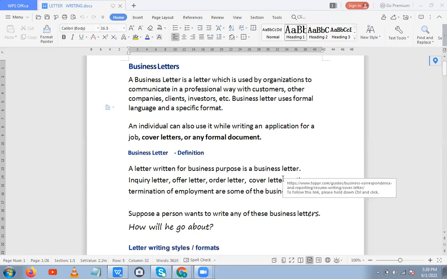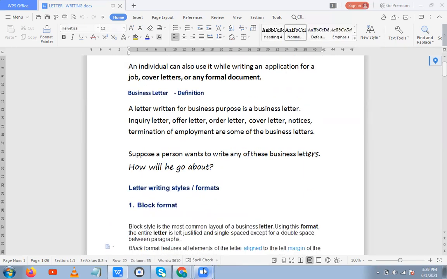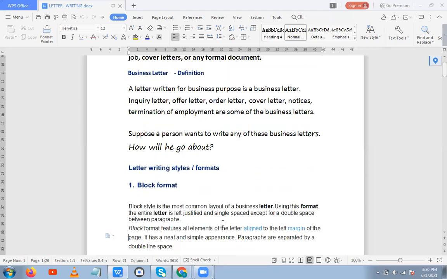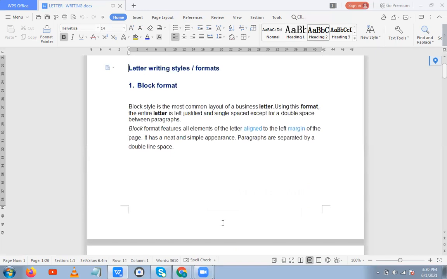So what are these formats? Let us talk about the block format. The block style is the most common layout of a business letter.